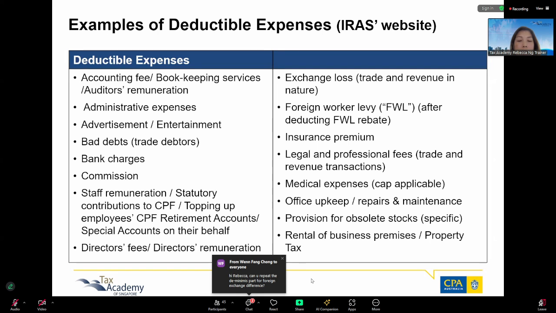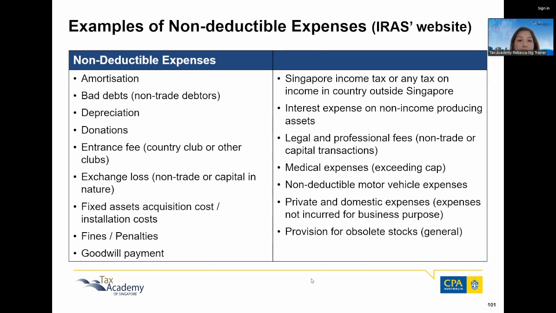But in slide 101, there are non-deductible expenses, and if they are included in the profit and loss account, what do we do? We add back, because they are not allowable for deduction. So I don't allow, I add back the amount. What does it mean? It increases my chargeable income.